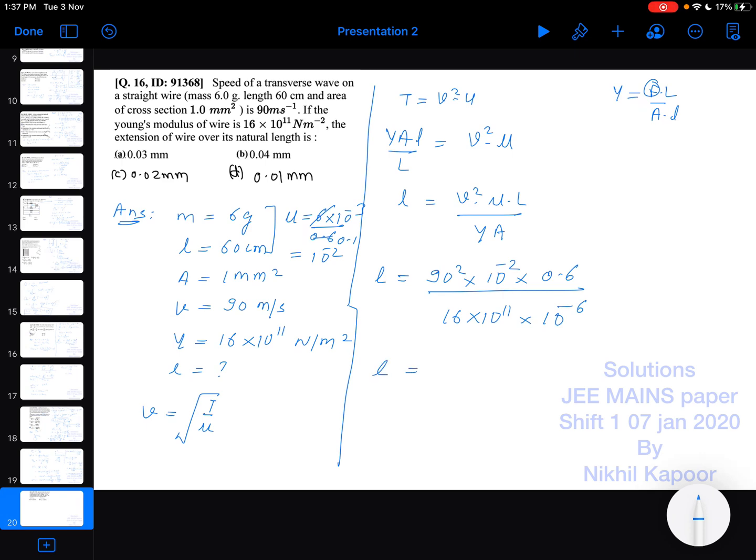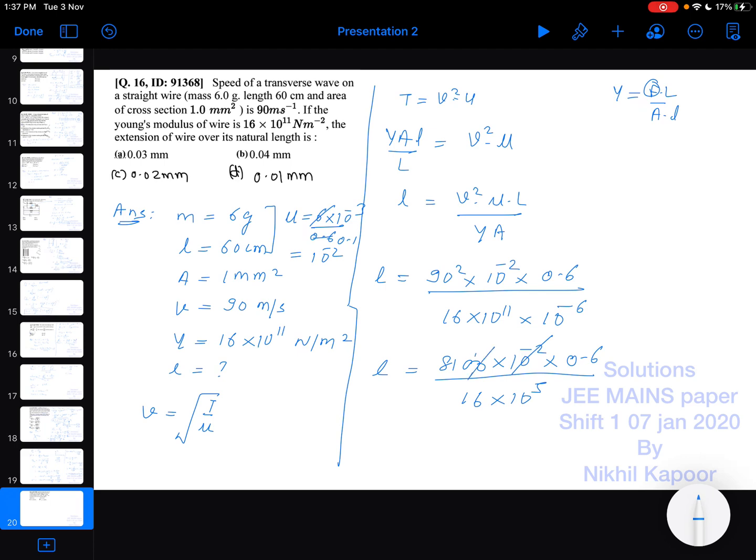And now we can get the answer easily on solving this. So the square of 9 will be 81, and this will be 2 zeros, into 10 raised to minus 2 into 0.6 upon 16 into 10 to the power 11 minus 6, which will be 5.